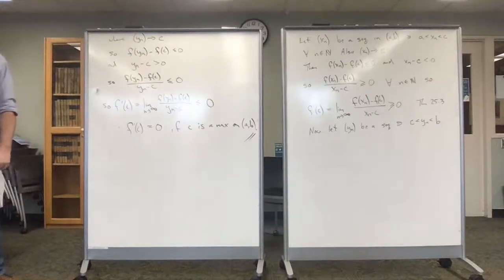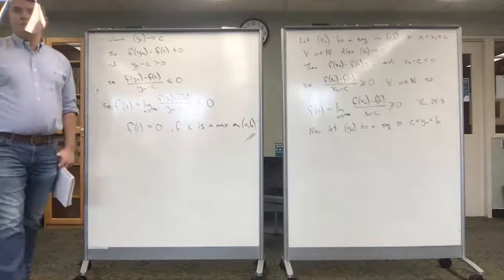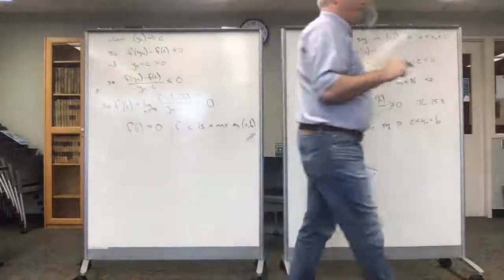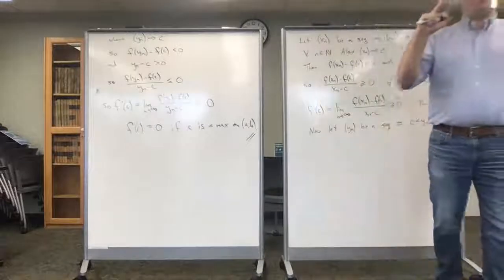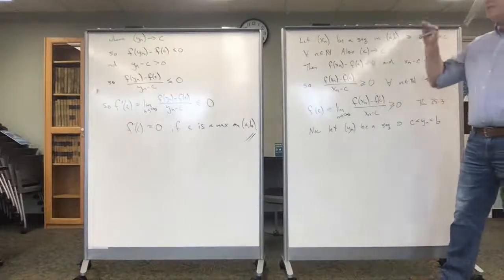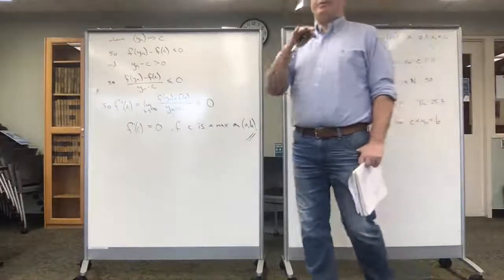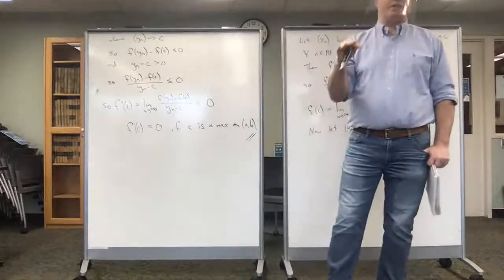Any questions? So that's kind of a nice result. We basically now know that if you have a max or a min, and you know it's differentiable there, then it has to have a derivative of 0.